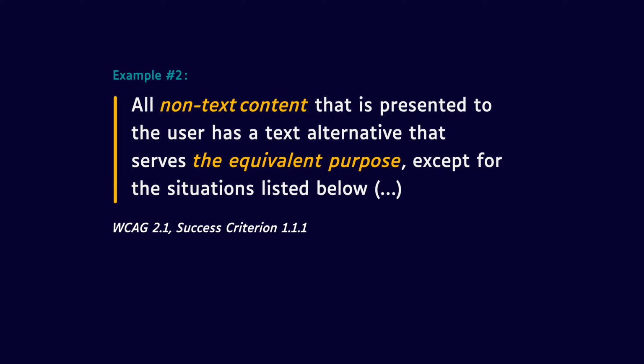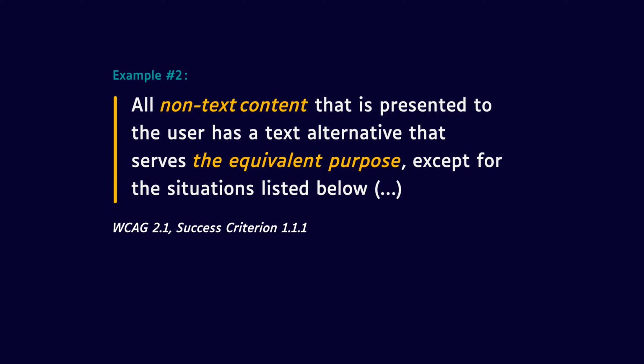All non-text content that is presented to the user has a text alternative that serves the equivalent purpose, except for the situations listed below. So here we see in this different example that the criterion will try to cover several situations or use cases.